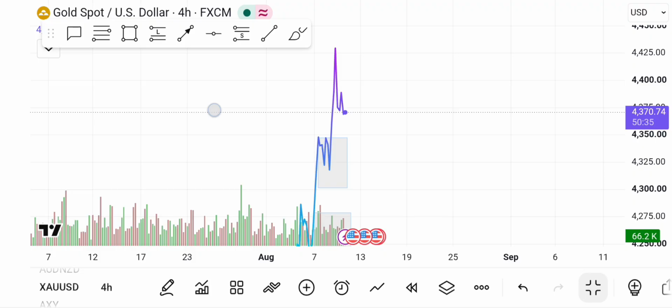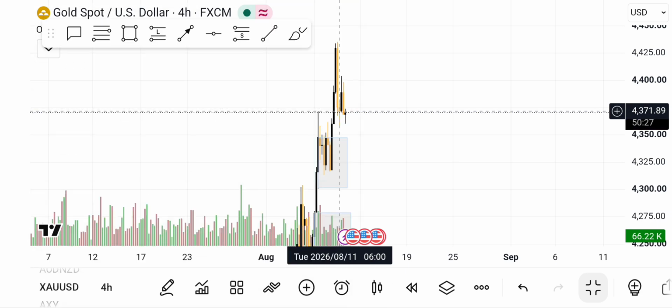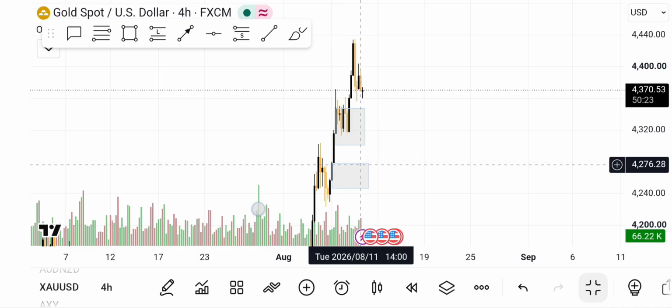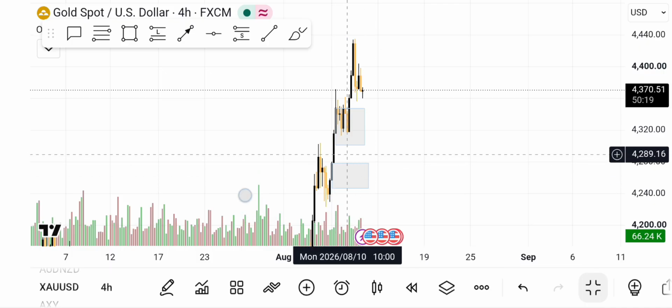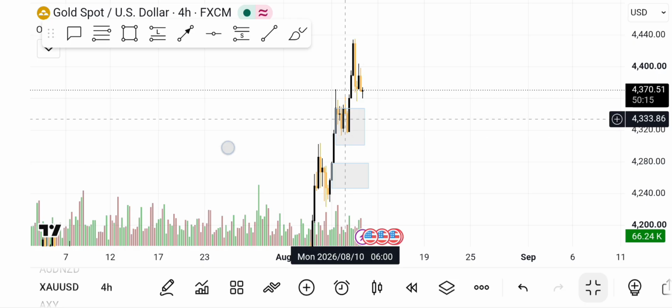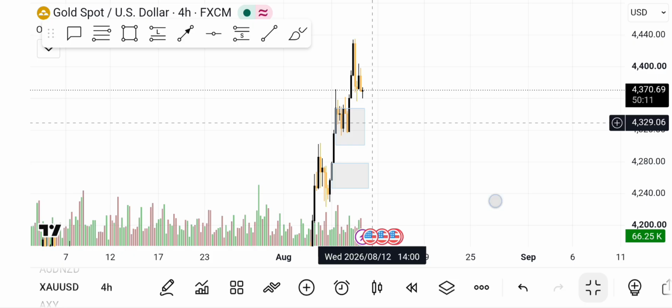Then we can see for now that a sell zone is formed on the 4 hours. So basically I'm expecting a drop to this side if price will follow it, because when a new sell zone is formed, the buy zone that is closer to it is going to get taken out.